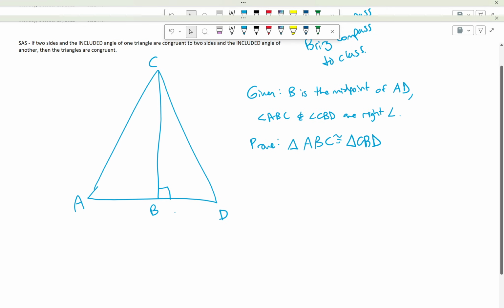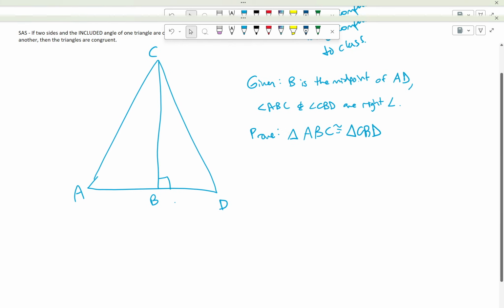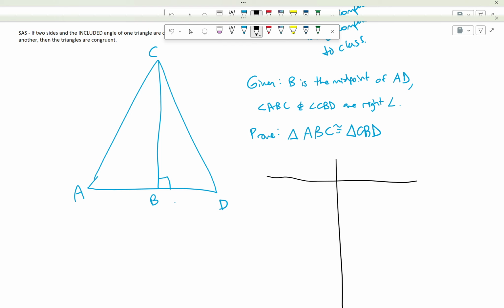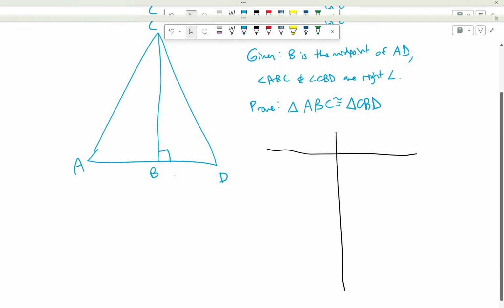We've been through this before in class, where we did proofs trying to show that all six parts of the two triangles, three angles and three sides, were congruent. Now, we don't need to show all the angles and all the sides are congruent.